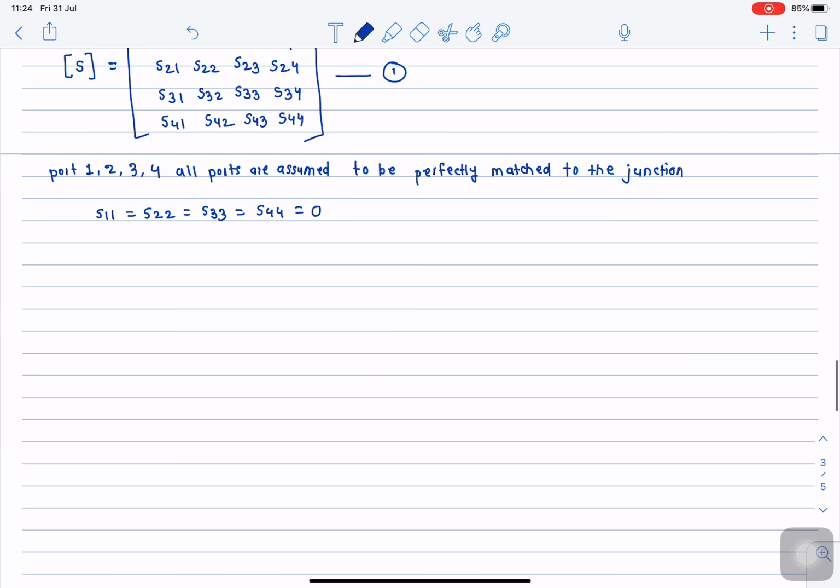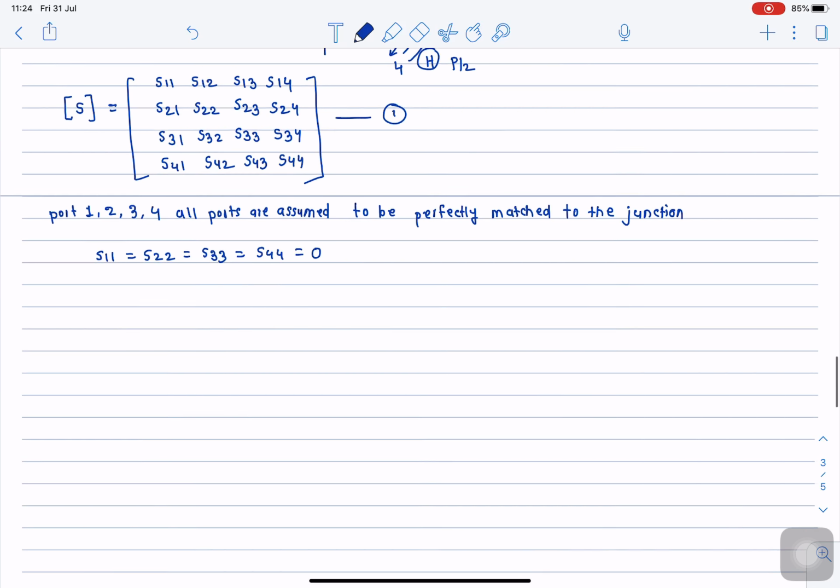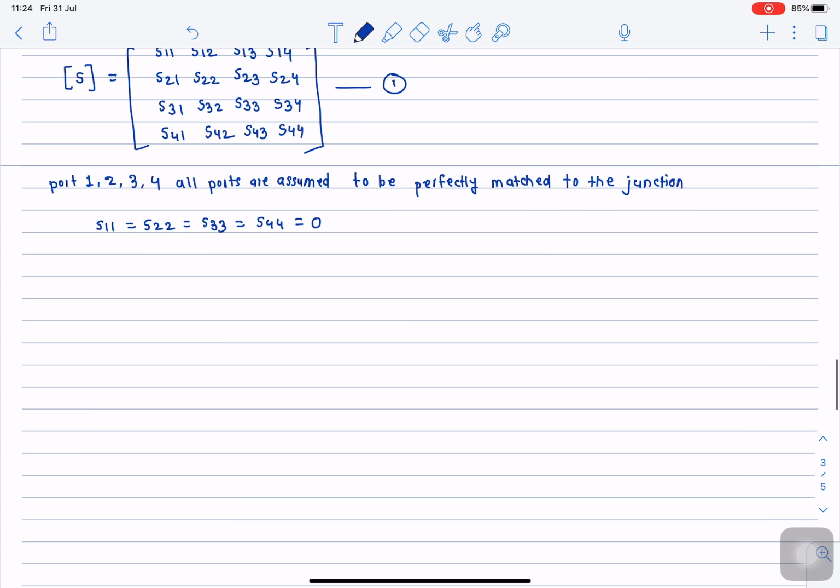So all reflection coefficients at all 4 ports, from port number 1 to port number 4, are perfectly matched, so they don't exhibit any reflection. That's why these S parameters are 0. Then how will the scattering matrix become? This matrix will become S11 is 0, S12 as it is, S13 I will rewrite it, and S21, S22 is 0.